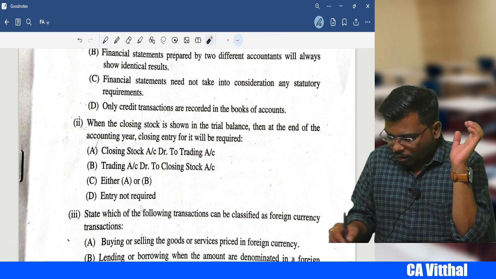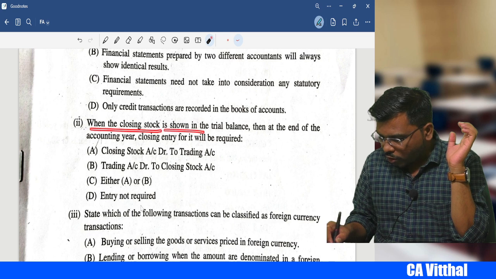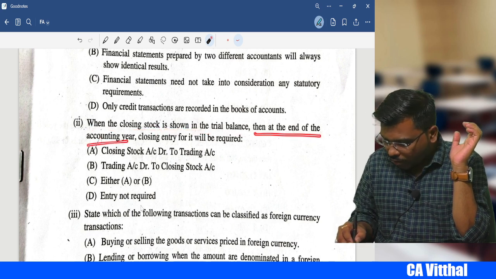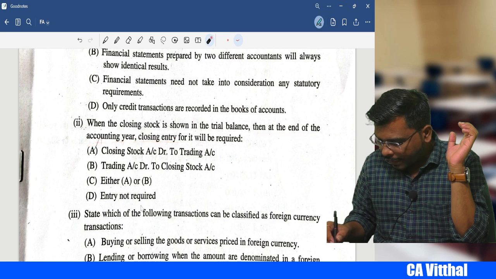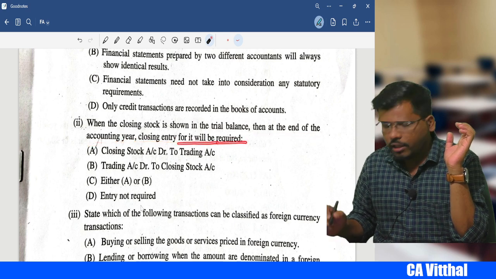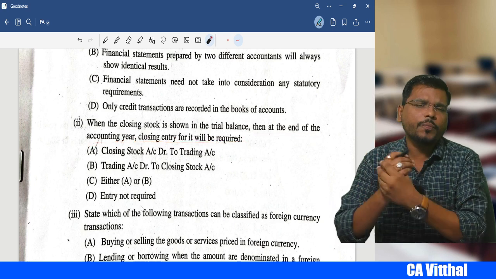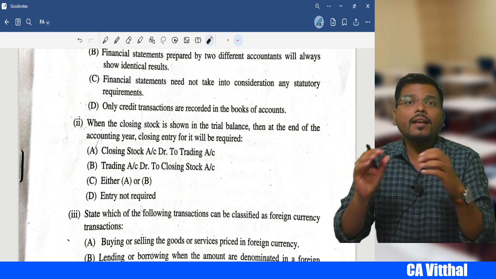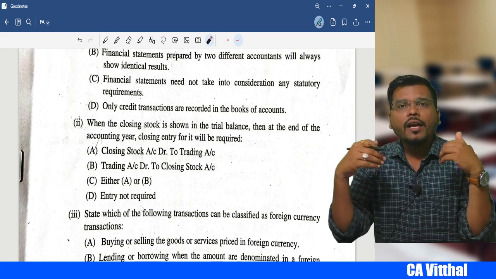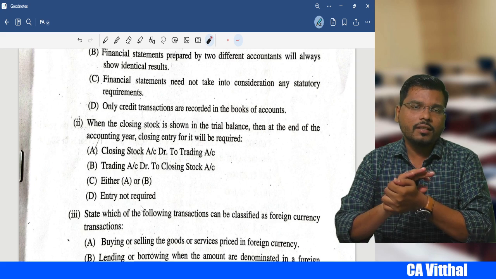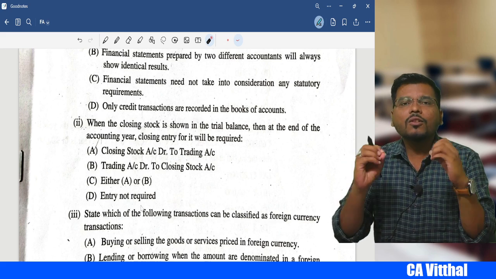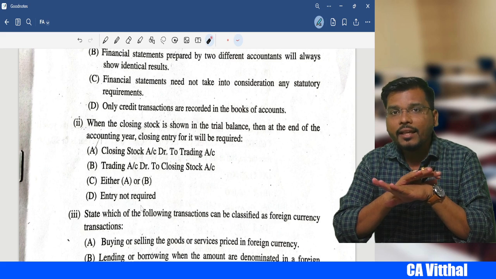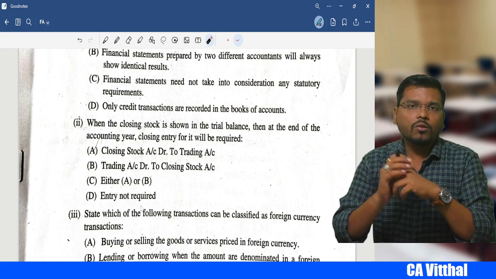When closing stock is shown in the trial balance, then at the end of the accounting year, will a closing entry for it be required? My dear students, I told you that whenever closing stock appears in the trial balance, it means that they have already passed the journal entry, and hence once the closing stock appears in the trial balance, we will not pass any journal entry for the closing stock, right?